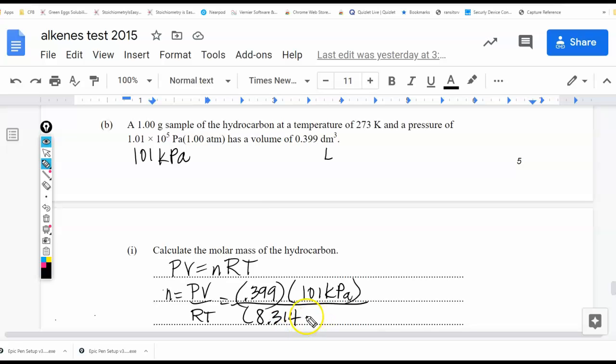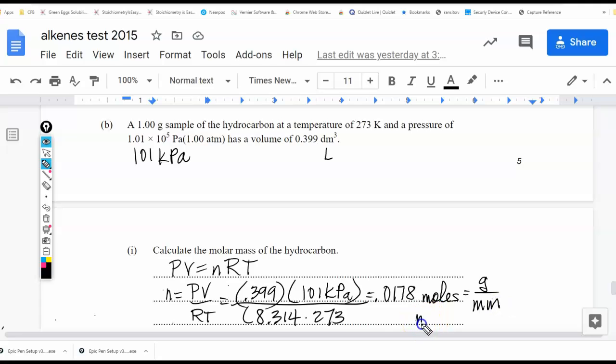And that's going to get multiplied by our Kelvin, which is 273. Okay, so this gives us 0.0178 moles. So if we know that, then we know that grams over molar mass is equal to moles.